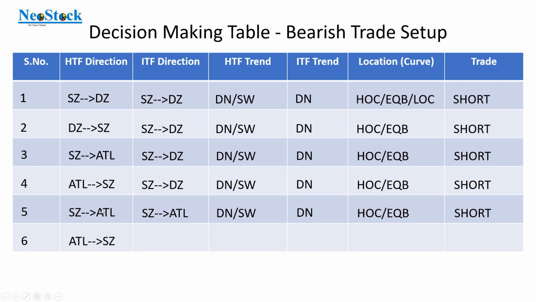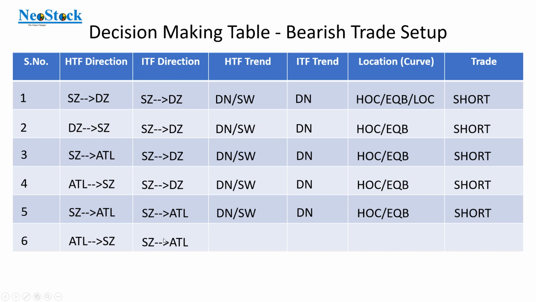Last scenario, the HTF price direction is all-time low to supply zone, but in the ITF it should be supply zone to all-time low. If the ITF is also all-time low to supply zone, you cannot plan short trades. Short trades should always be in favor of the ITF price direction.